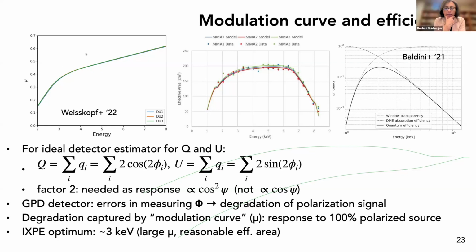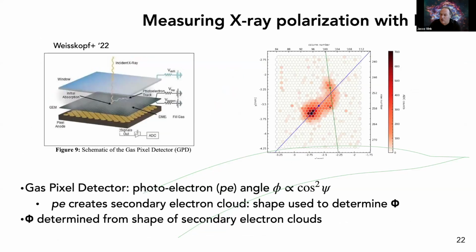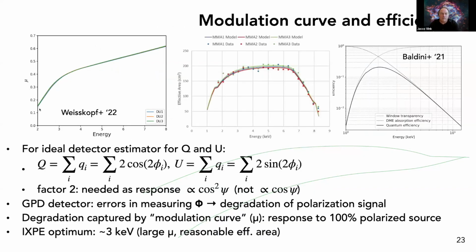Does it depend on the energy of the electron as well? Yeah, because basically the number of secondary electrons in the electron cloud depends on the energy. So the more electrons you have, the better you can determine this track. So basically the modulation factor goes up. The higher the energy, the better it is. So you see that at 5 keV it is much better.